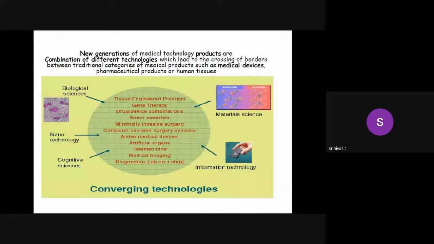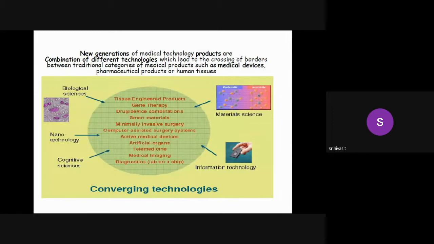If we look at one of the figures, we see what technologies are involved. New generations of medical technology products are combinations of different technologies that lead to a crossing of borders between the traditional categories of medical products, such as medical devices, pharmaceutical products, or human tissue.